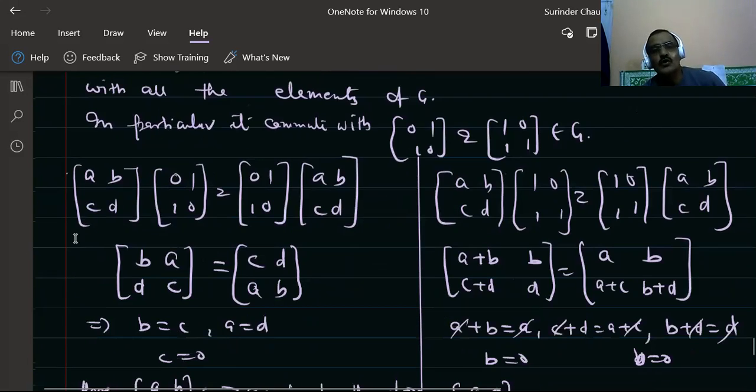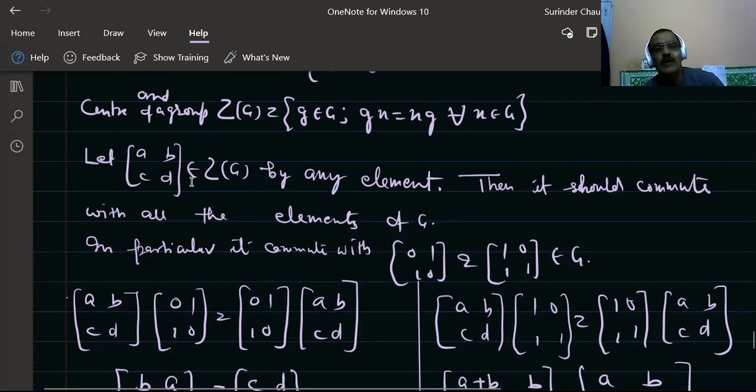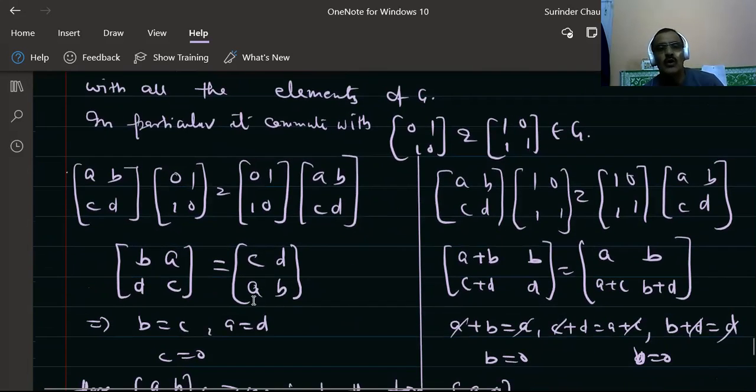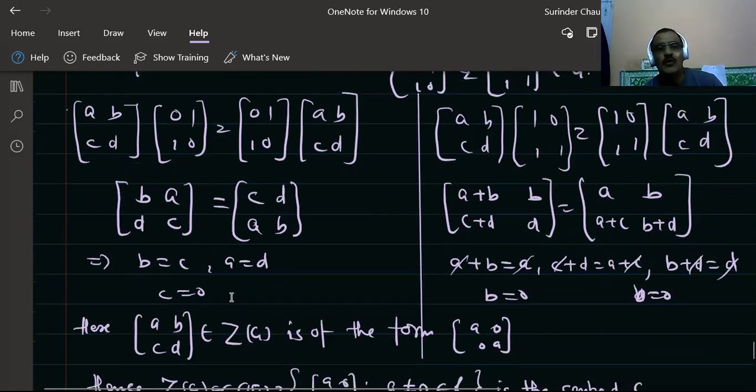If this element commutes with the given one, then multiply them, and equate the corresponding coefficients to find A, B, C, D from both the sets.